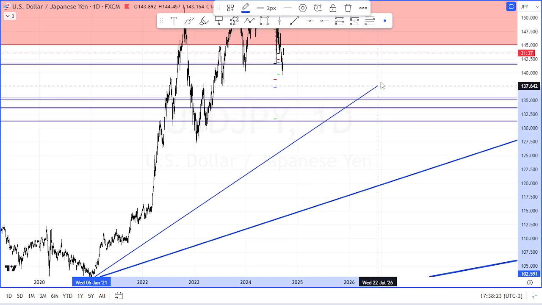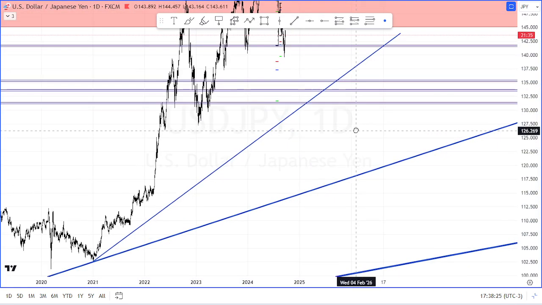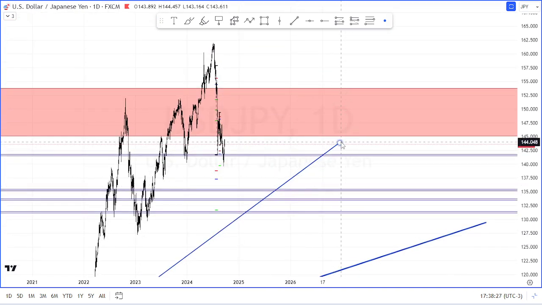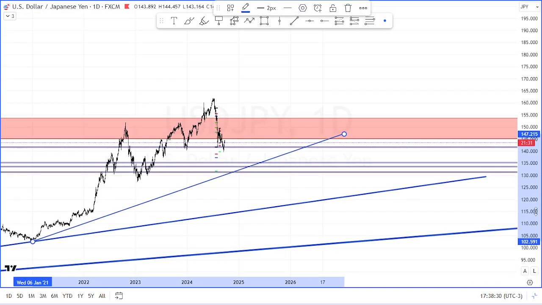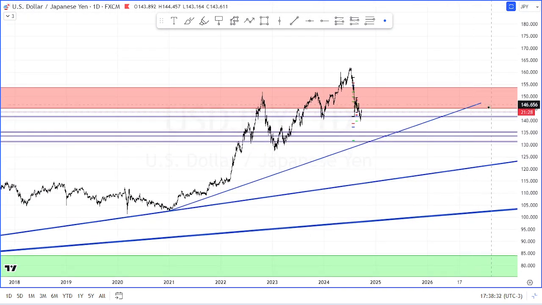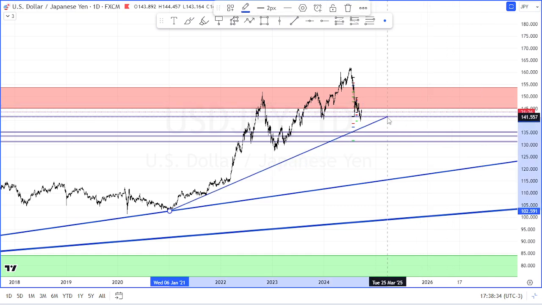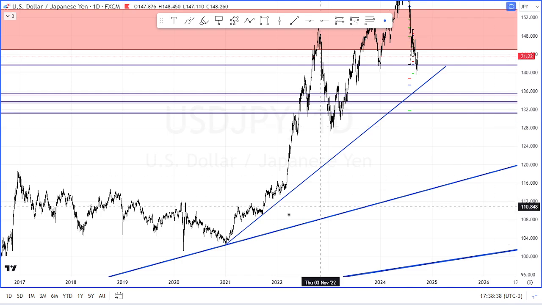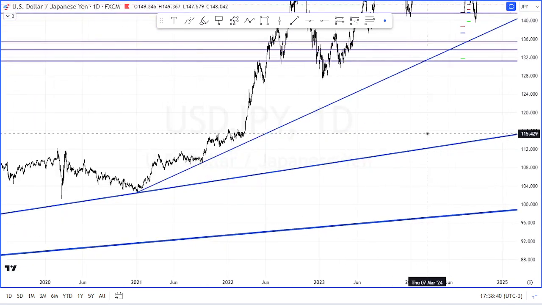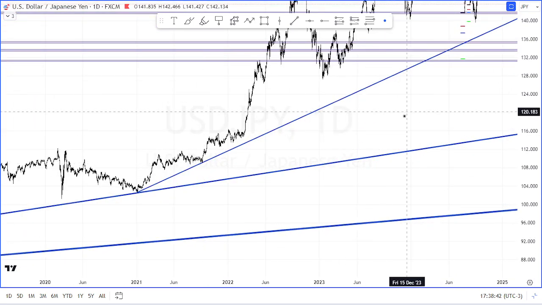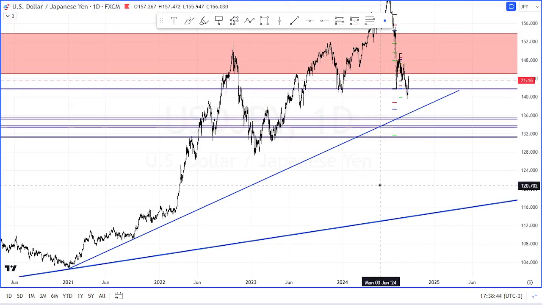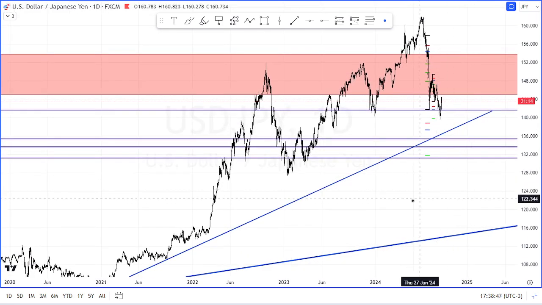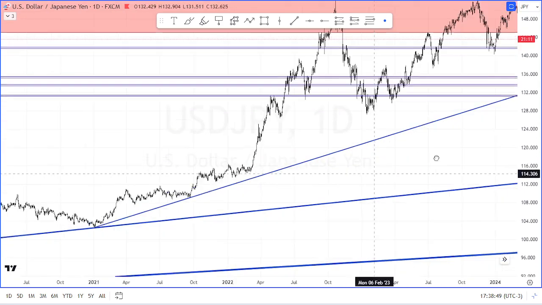And this is the short trend line, and we are here right now. I think we've touched somewhere right here. So I'm just going to leave this like this, and this is the daily.